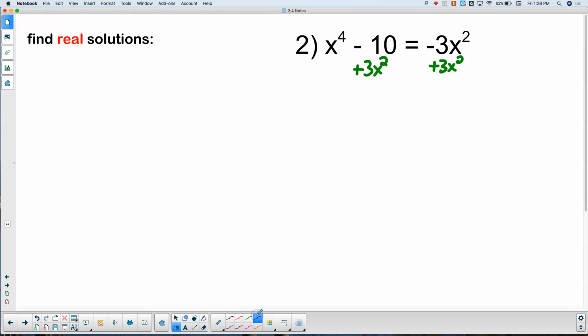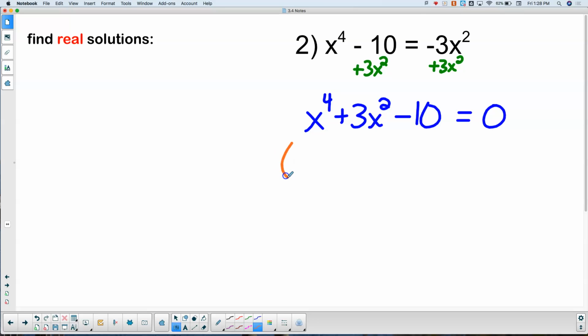That gives me x to the 4th power plus 3x squared minus 10 equals 0. Okay, no GCF. So right into factoring then, two numbers that multiply together to be negative 10 and add to be positive 3.